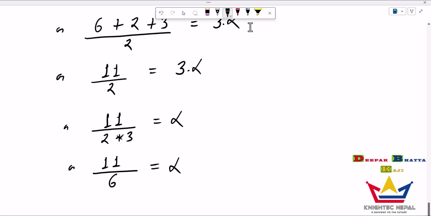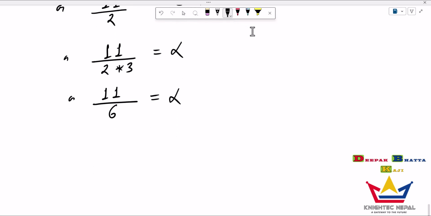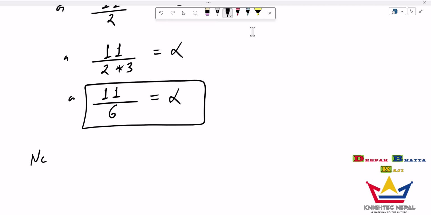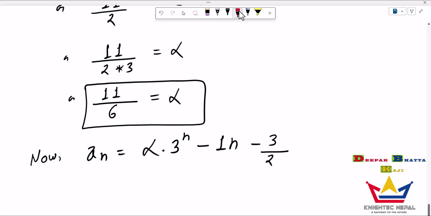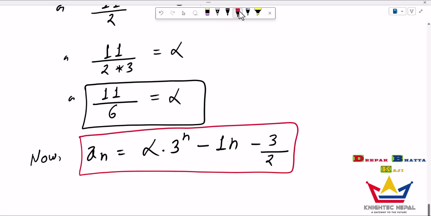So now the alpha value is 11 divided by 6. So now an equals alpha 3 raise n minus 1n minus 3 divided by 2, right? This is our expression. We need to put the alpha value over here, 11 divided by 6.